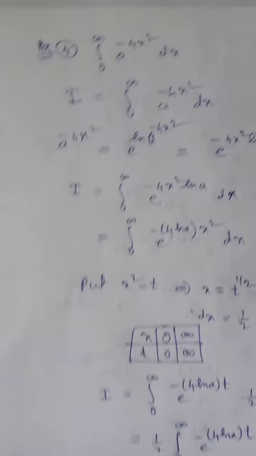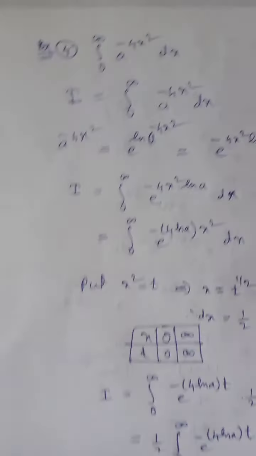Now use that second definition, which is gamma n divided by k to the power n, where k is h square and n is 3 by 2. So it is gamma 3 by 2 divided by h square to the power 3 by 2.